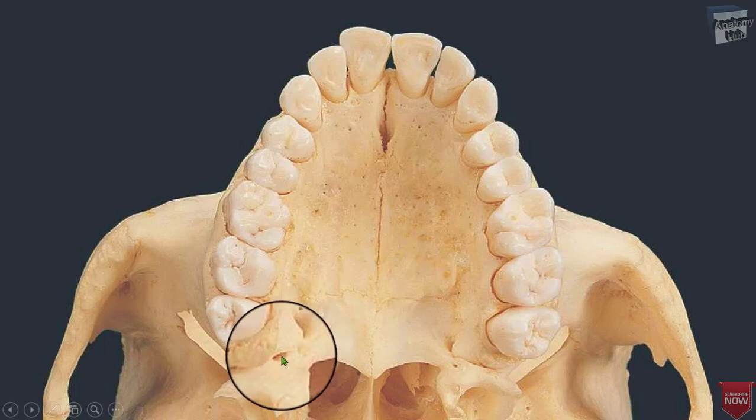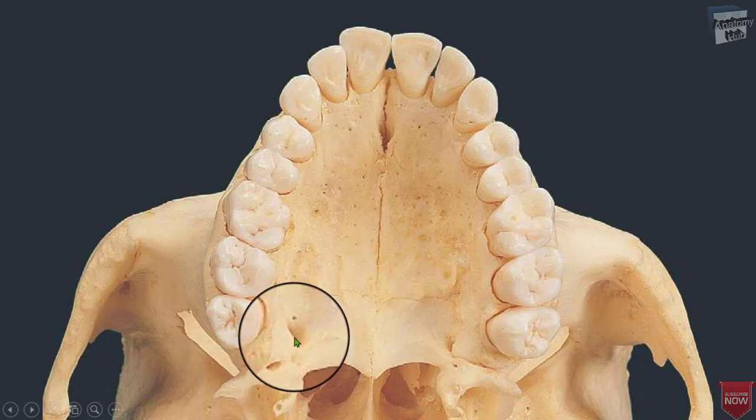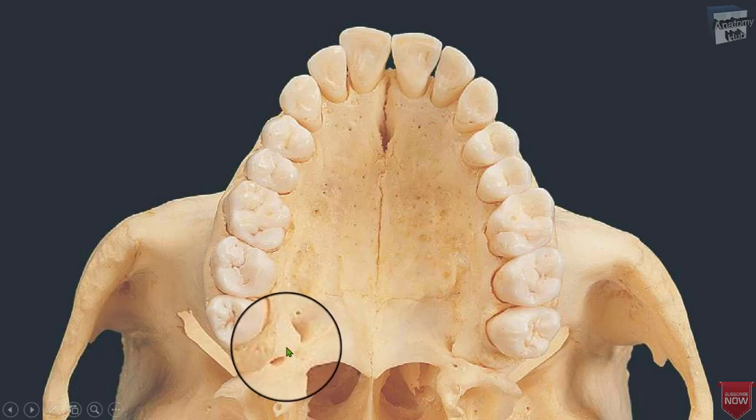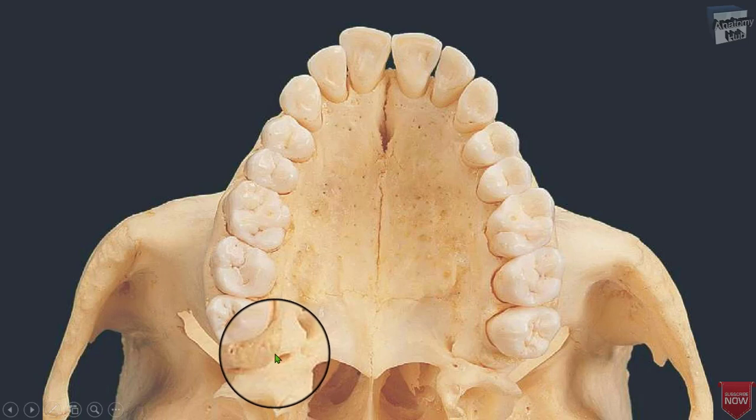Then just behind that, you will find the lesser palatine foramen, which lies behind the greater palatine foramen. It transmits the lesser palatine nerve and vessels to the soft palate. The nerve is a branch of the maxillary division of the trigeminal nerve, the artery is from the maxillary branch of the external carotid artery, and the vein drains to the pterygoid plexus.